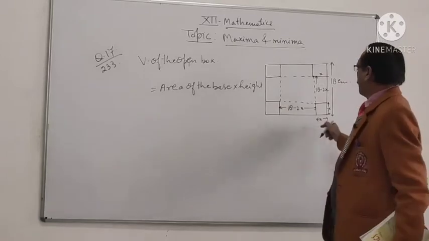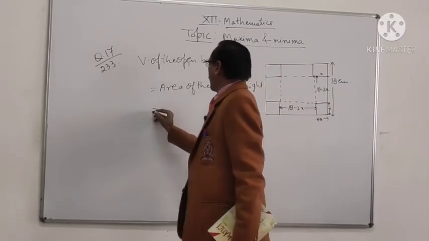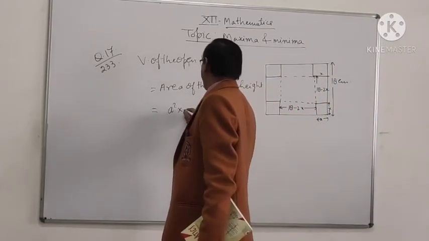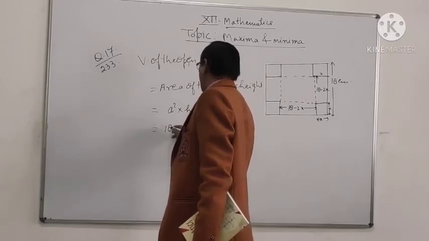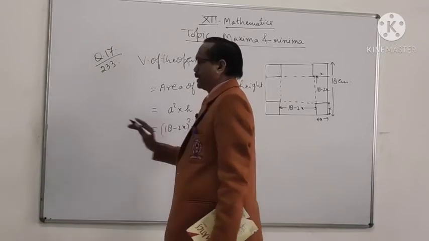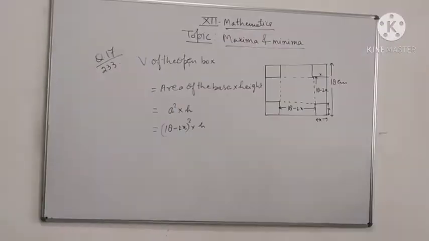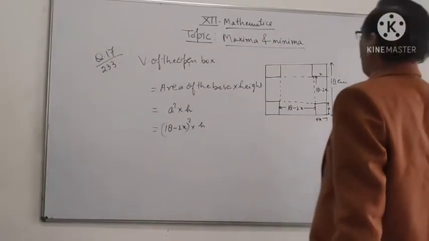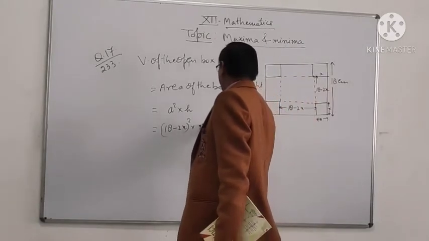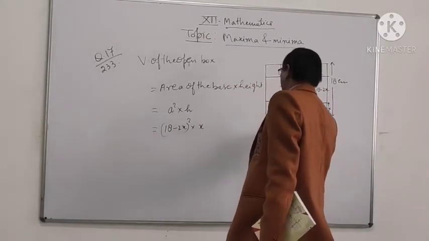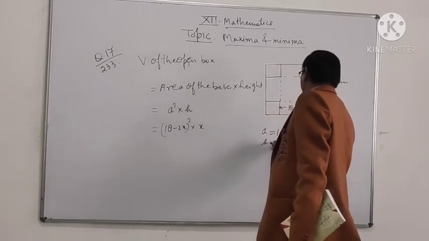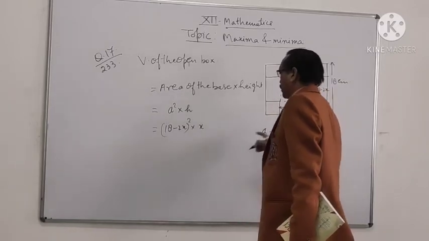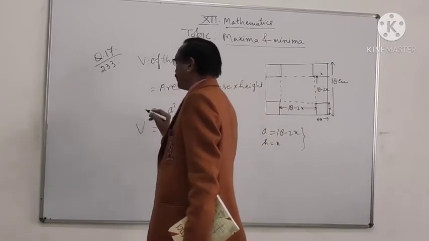So, height becomes x. Area of base is side square, a square into h. V is 18 minus 2x whole square into x. This is volume. Here a equal to 18 minus 2x and h equal to x. So, this is the volume.